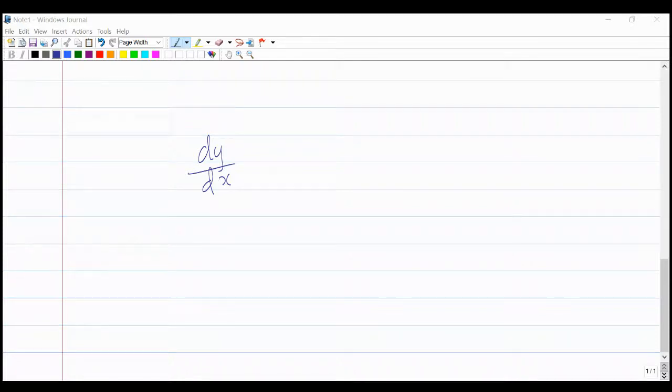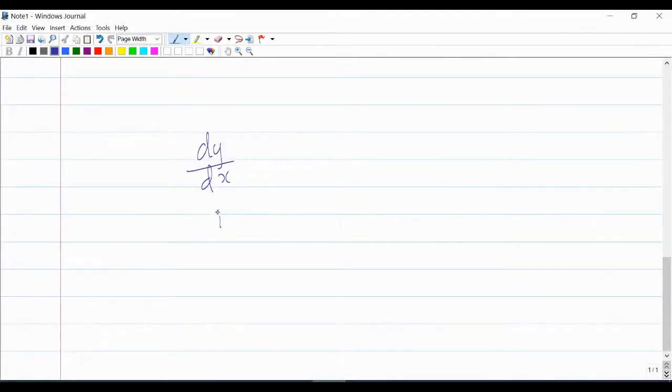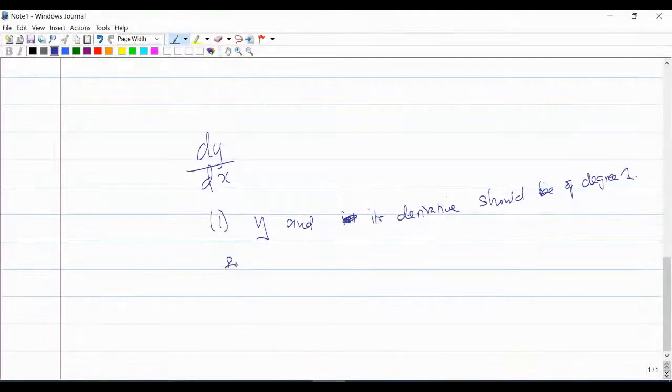All right, let's go to the definition of a linear equation. First, y and its derivative should be of degree 1. That's the first part.